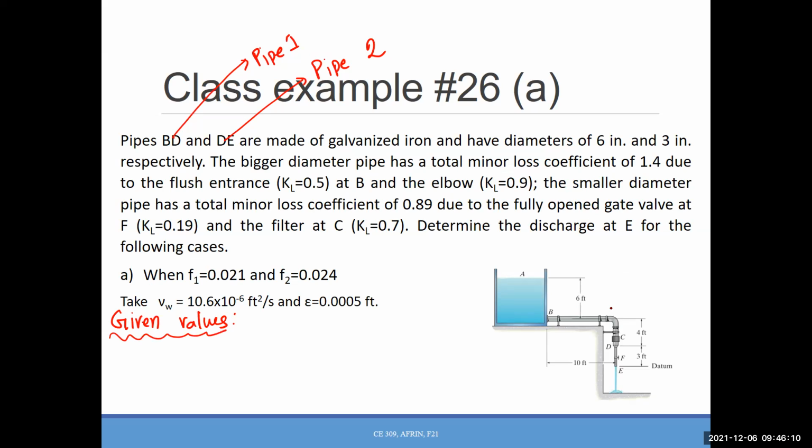I named the pipe BD as pipe 1 so that I don't have to write BD every time. The very first given values are the diameters, right? D1 is 6 inches and D2 is 3 inches.